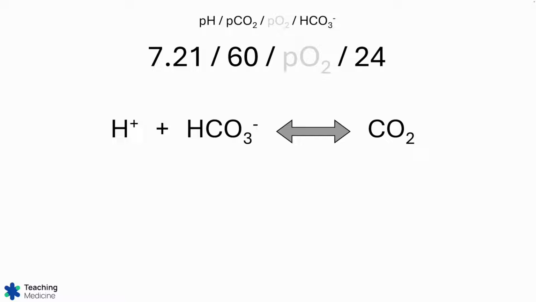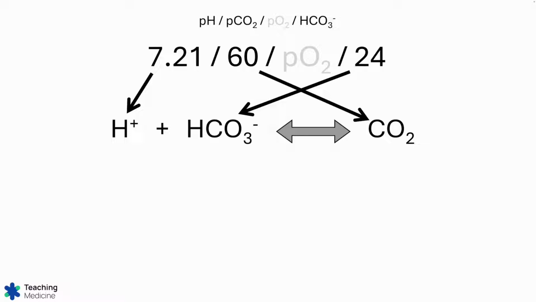We're going to put our little equation here, and just to reorient you, I want to point something out. The pH relates to the hydrogen ion concentration, and because of the way the equation is written and the standard format of the ABG, I don't want you to be confused because there's a bit of a crisscross here.